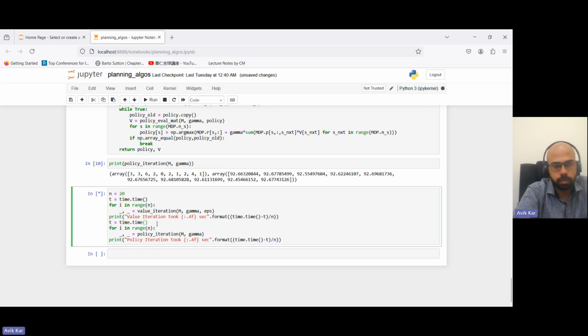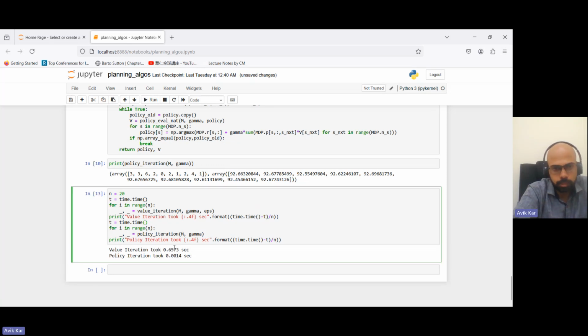Probably it will take 1 minute or so. Okay, so here also there is a huge difference. One is taking 0.6573 seconds, and policy iteration is taking much less time, 0.0414. So you're seeing that for this particular example, policy iteration is much faster.